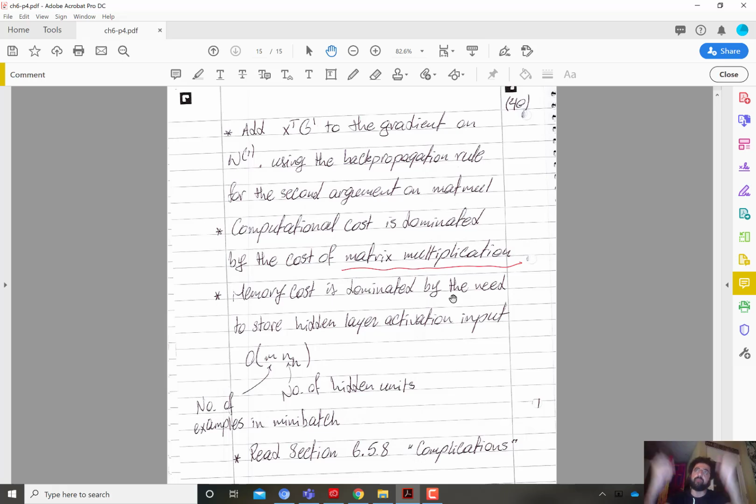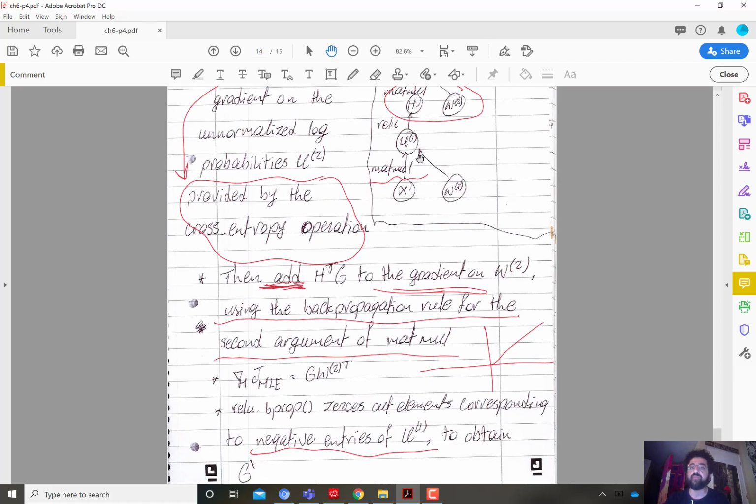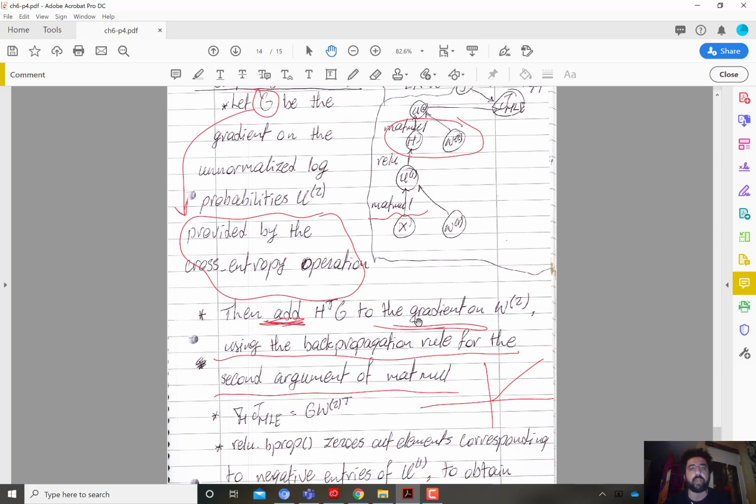But the memory cost corresponding to storing all the pre-nonlinearities, like U1 here, I cannot avoid, because I have to forward propagate the whole network and store all the values of the pre-nonlinearities in order to start running backpropagation and construct the computational graph corresponding to backpropagation.